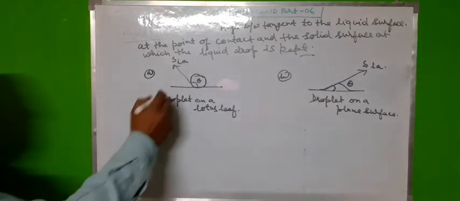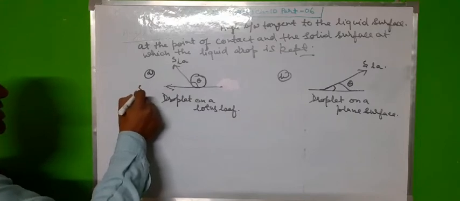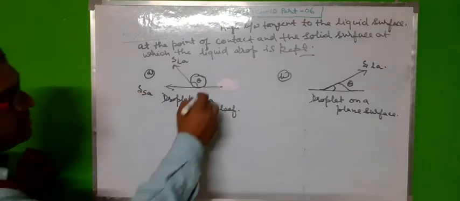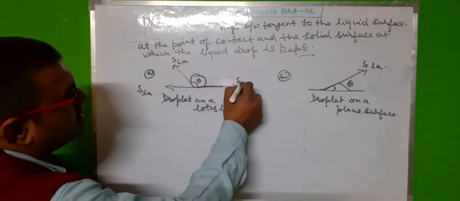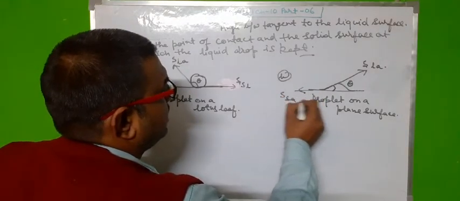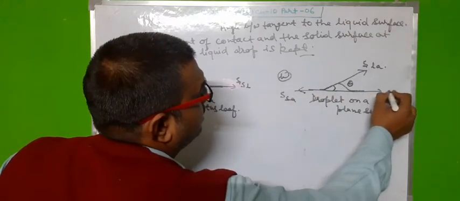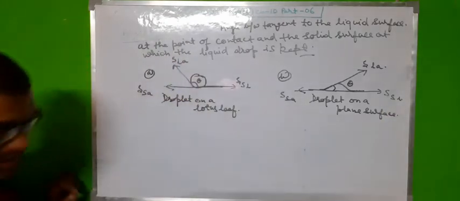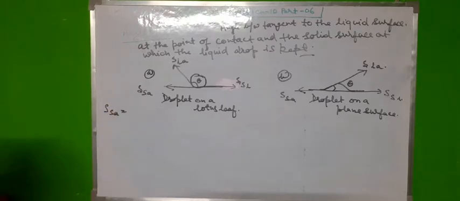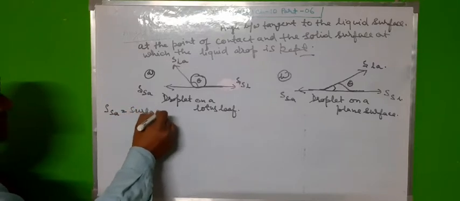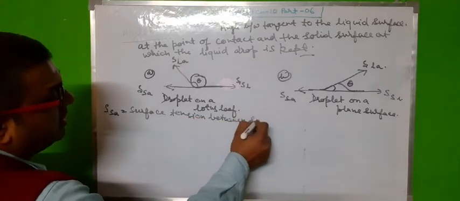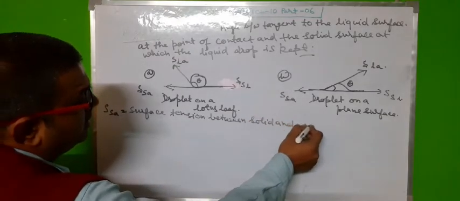The other surface tension is between solid and air, and this one is between solid and liquid. SSA is the surface tension between solid and air.